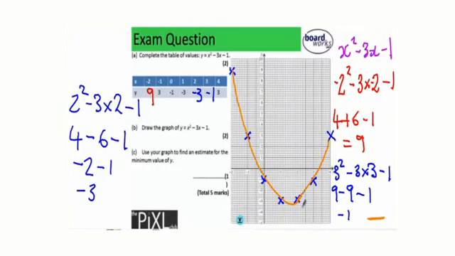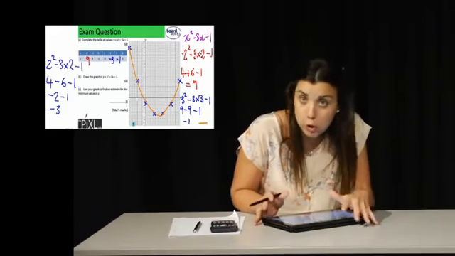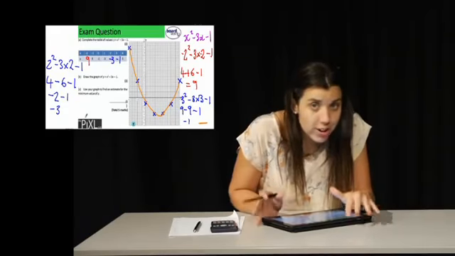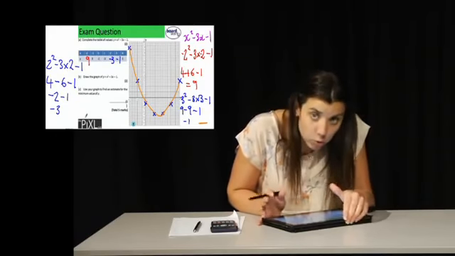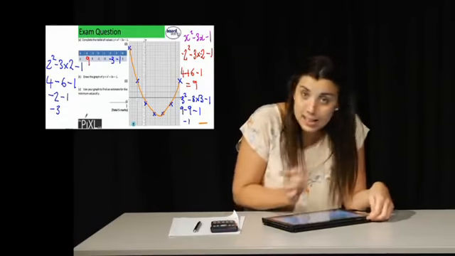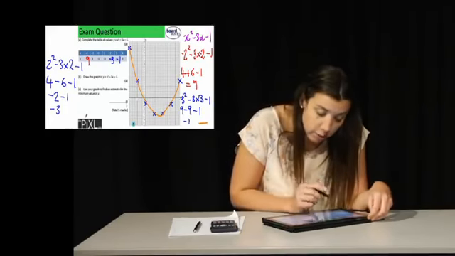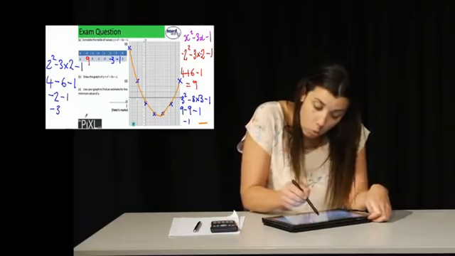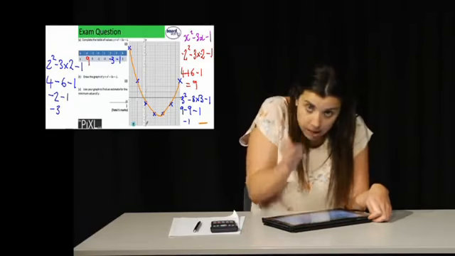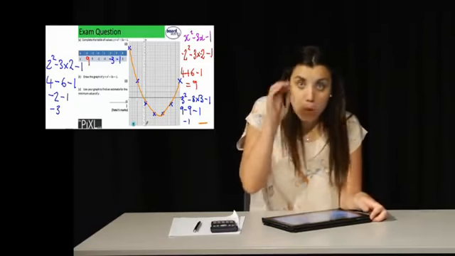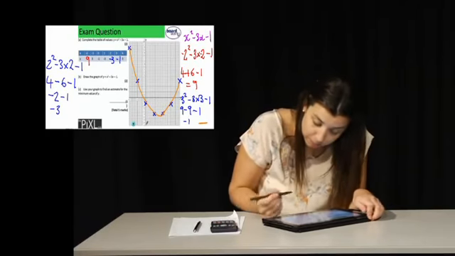That's really important. The next part says use your graph. That instruction is there because you need to go to your graph to find an estimate, that means not exactly, but your best guess for the minimum value of y. So we're looking for the minimum, the lowest value of y.